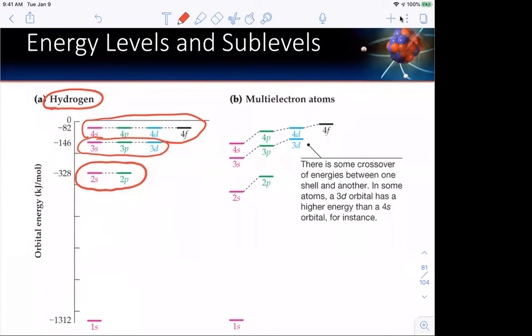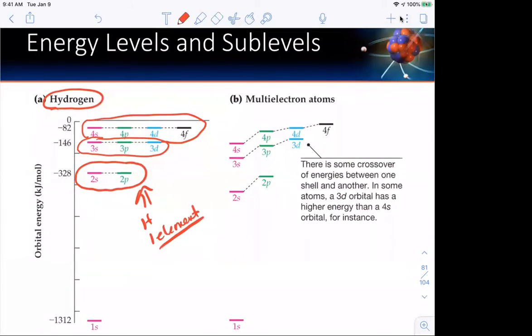As I add electrons, the picture becomes much more complex. So this setup only applies to hydrogen, which is one element out of 118 that are listed on the periodic table. So this is a much oversimplified view of what we need to know for the rest of the elements.